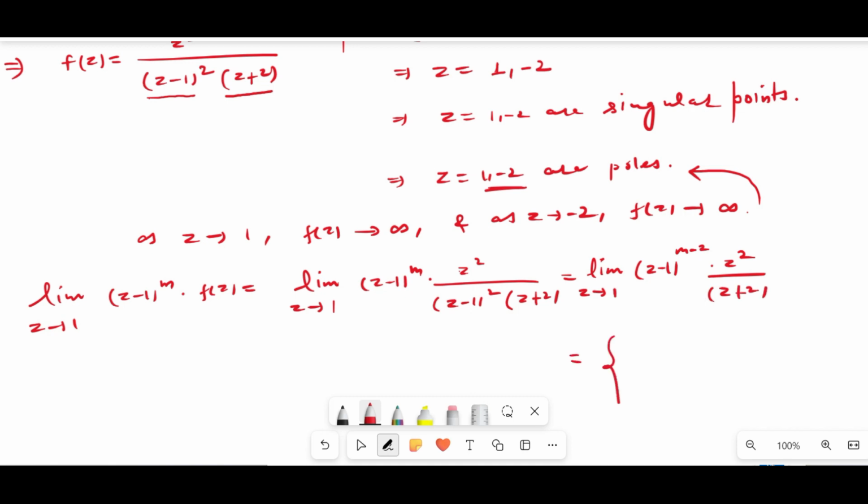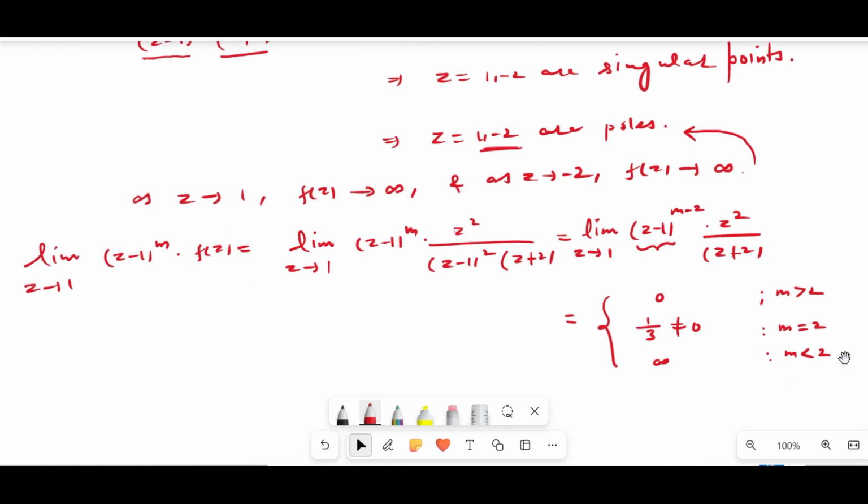If I take m greater than 2, the limit will be 0. If I take m equal to 2, then this factor vanishes and putting the limit here, it will give 1 by 3, which is a non-zero quantity. And if I take m less than 2, it will give infinity.